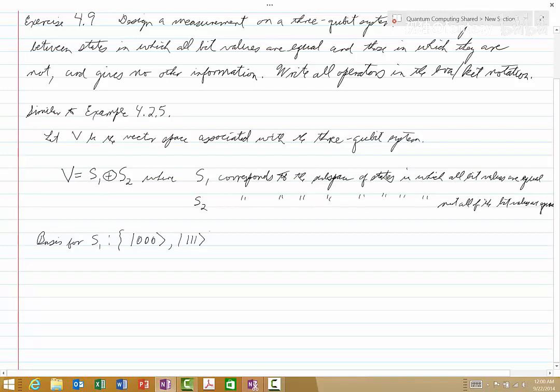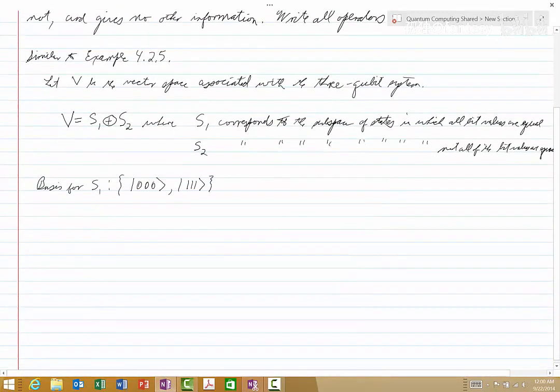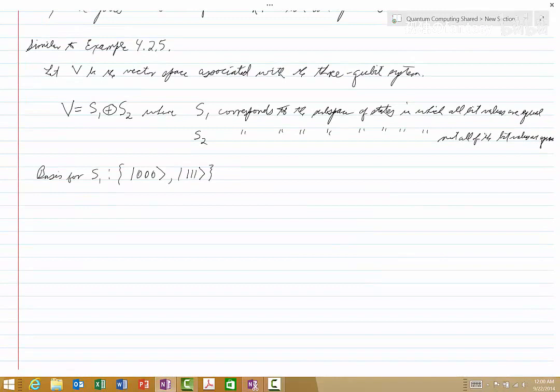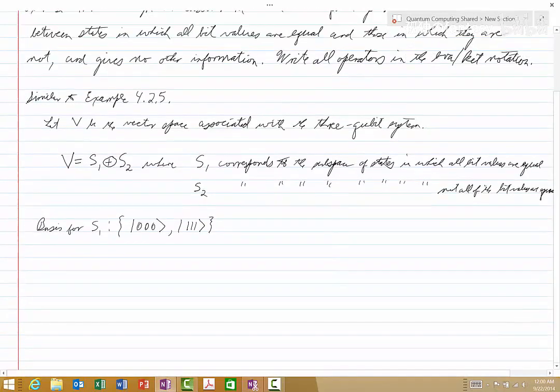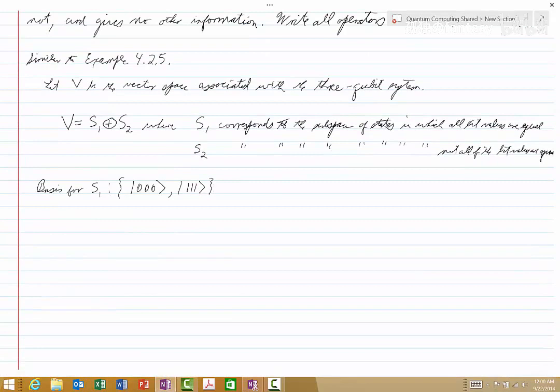In fact I can't think of any other way really to write this: |000> and |111>. Those are the only 3-qubit states in which all the bit values are the same. And therefore, a good basis for S2 would be the following.